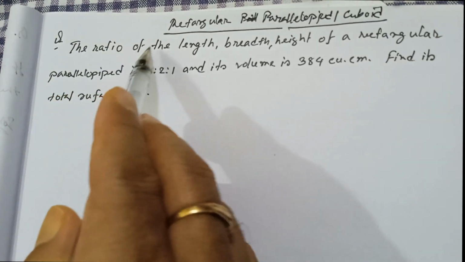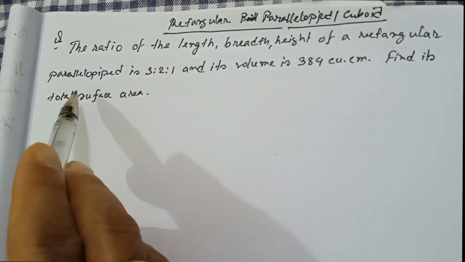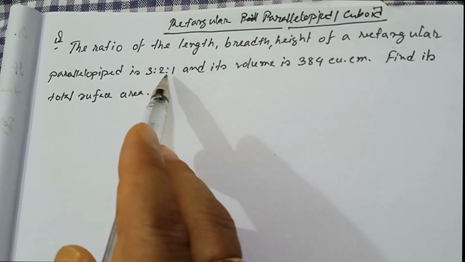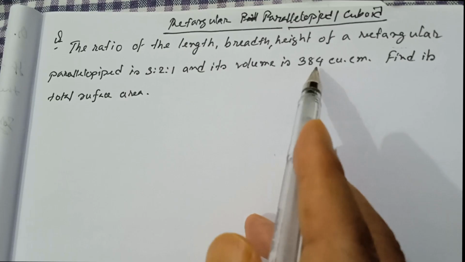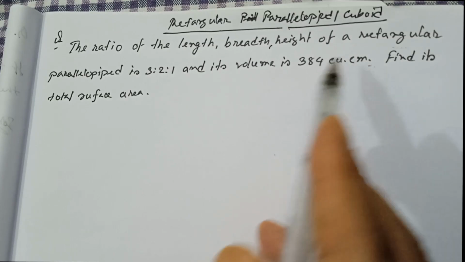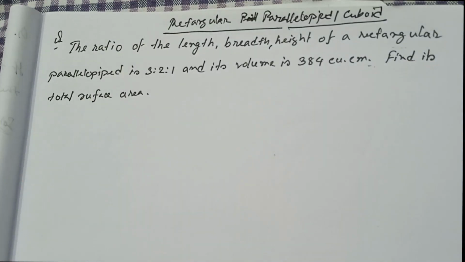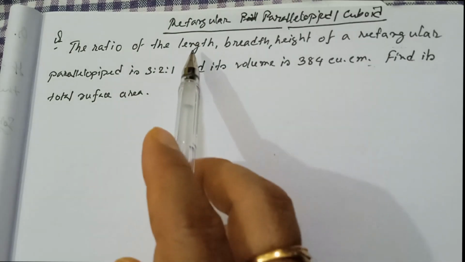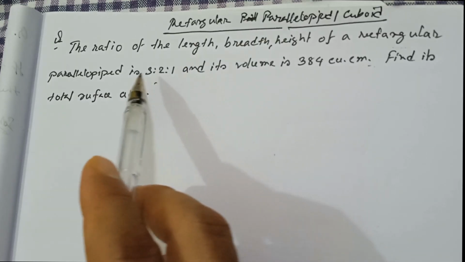The ratio of the length, breadth and height of a rectangular parallelepiped is 3:2:1 and its volume is 384 cubic centimeter. Find its total surface area. So the dimensions are given, actually the ratio of the dimensions.